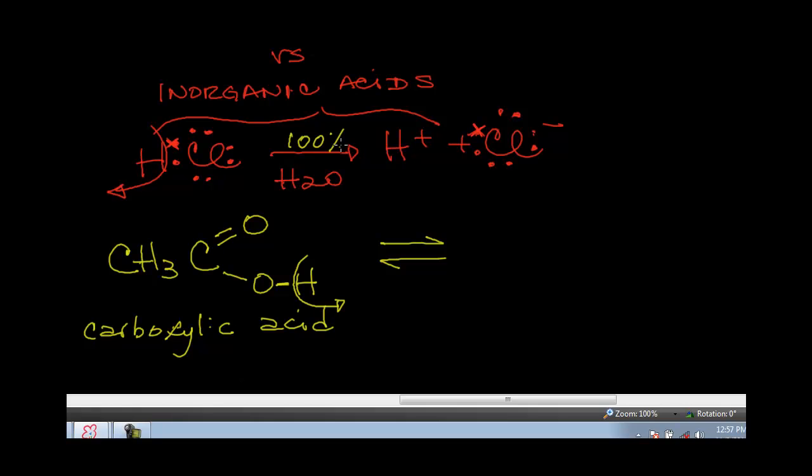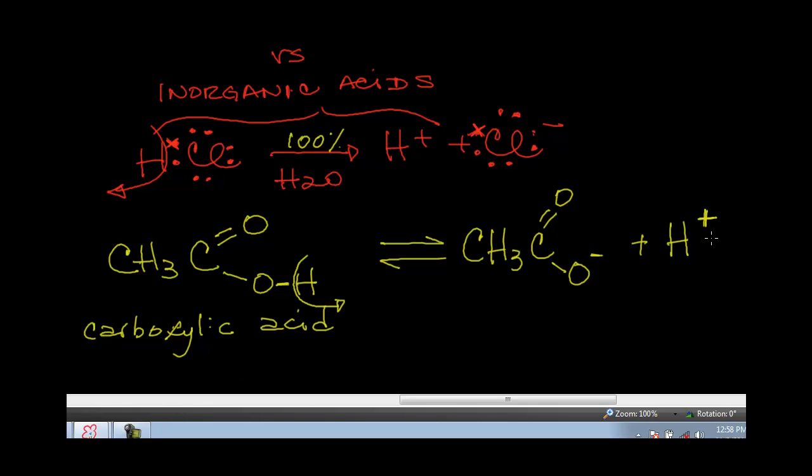I had an arrow going forward, an arrow going back, meaning if I have 100 of these molecules, maybe 2 or 3 or 4 will break up into ions. The other 97 are still covalently bonded. So I am going to be left with ions after the hydrogen ion is released.